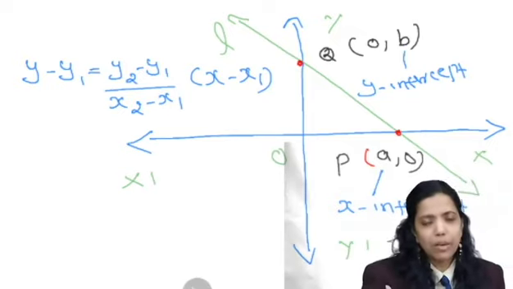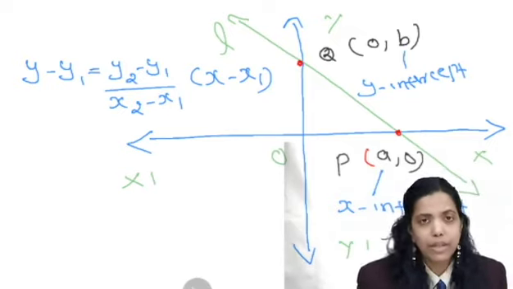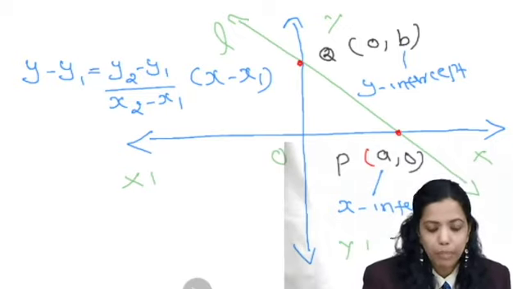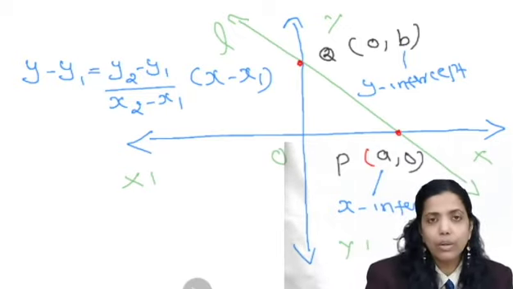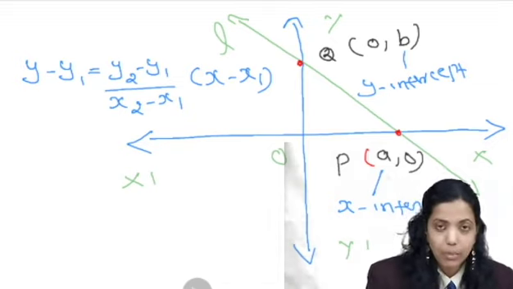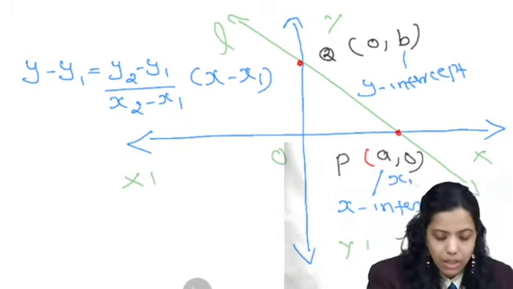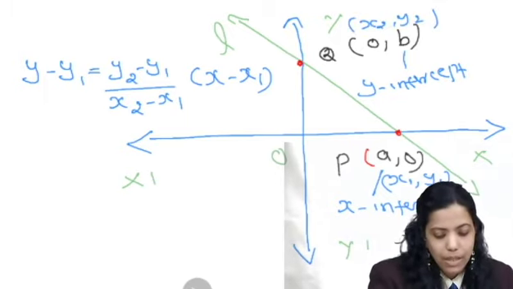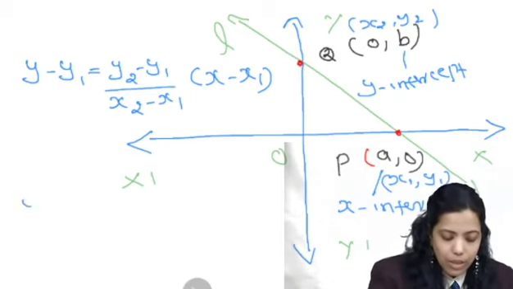So for (x1, y1) we can consider any one of the points. It doesn't matter. Either I can consider the point P as (x1, y1) or Q as (x1, y1). It's up to you. So here I am marking the point P (a, 0) as (x1, y1) and the second point as (x2, y2). Y minus y1, so how will it come? That y minus y1 is y minus 0.